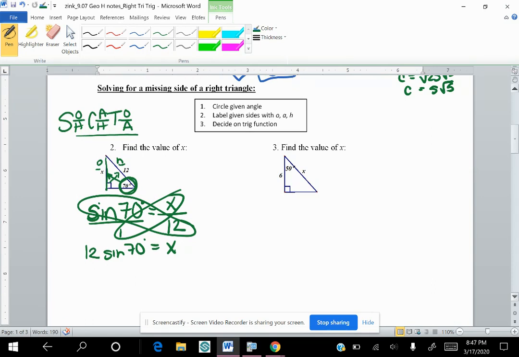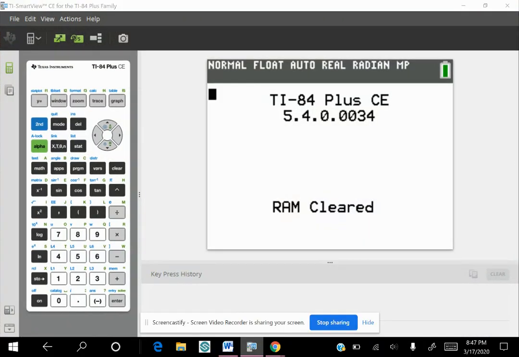Couple things that you want to make sure of here. Make sure you are in degree mode in your calculator. Once you reset your calculator, it automatically goes into radian mode.